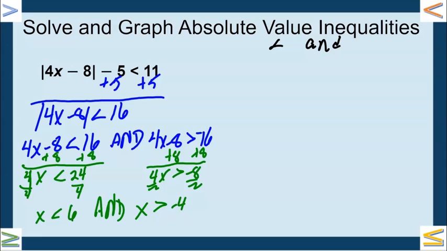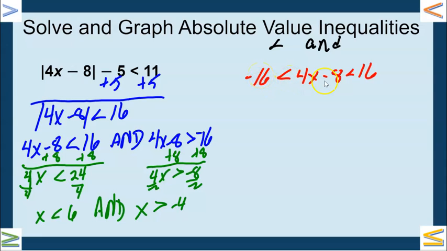The other way would be to do a simplified form. I'm going to put the expression in the absolute value in the middle. So I have 4x minus 8. We know it has to be less than 16, and it's going to be greater than negative 16. I know I wrote the less than symbol here, but if I'm reading it from the right side, 4x minus 8 is greater than negative 16.